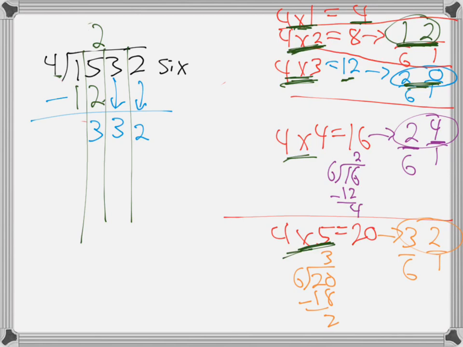Good. So next we look right here at the 4. And we say 4 goes into 33. How many times does 4 go into 33? 5. Yeah, you can see 4 times 5, it comes out 3, 2. So that's under 33, so that's okay.